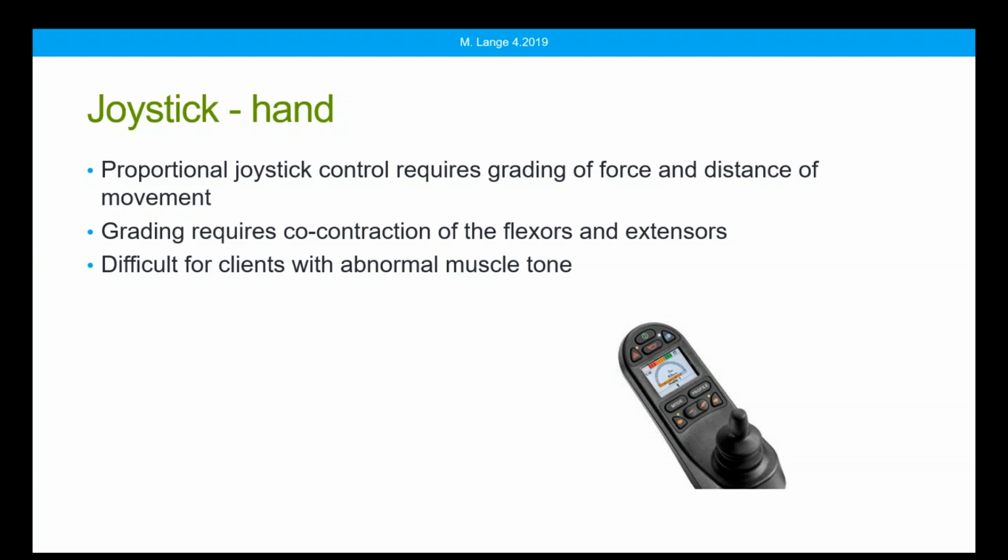So let's say you're reaching out for your cup of coffee and you undershoot that cup or overshoot that cup. It's because you may have difficulty grading the distance of your movement. If that coffee is in a little styrofoam cup and you crush it or drop it, you might have difficulty grading the force of your movement, and that would translate over into difficulty with joystick control.